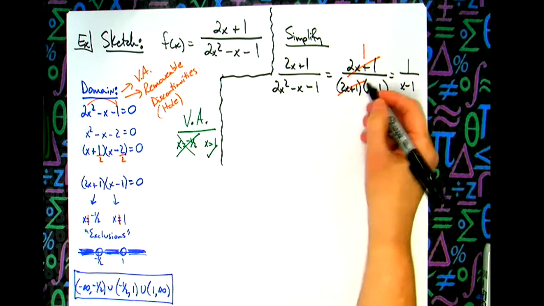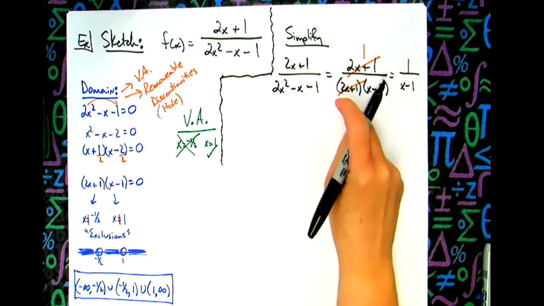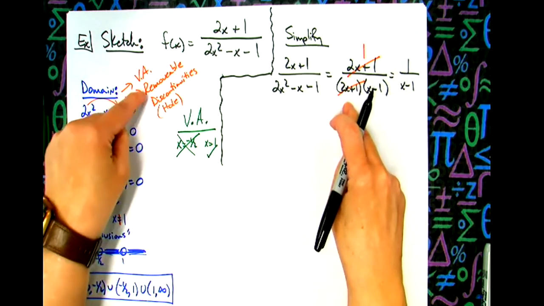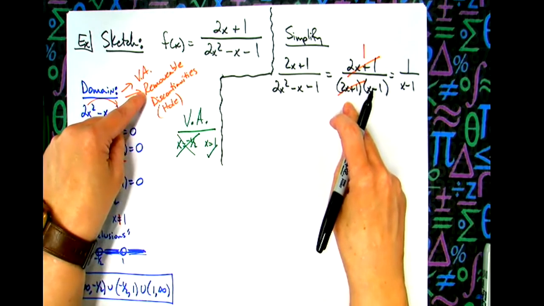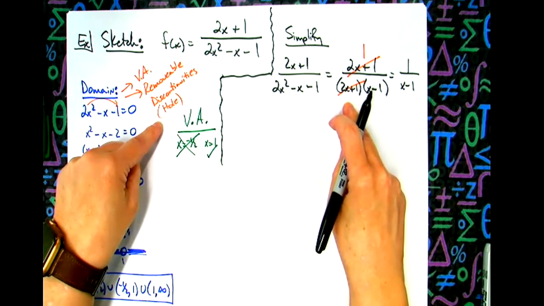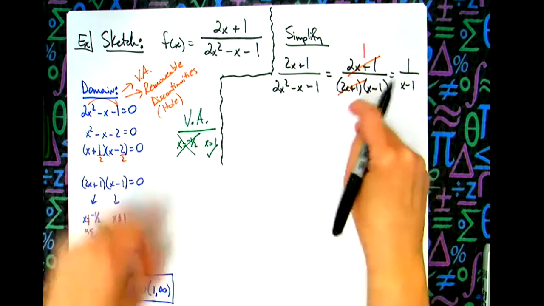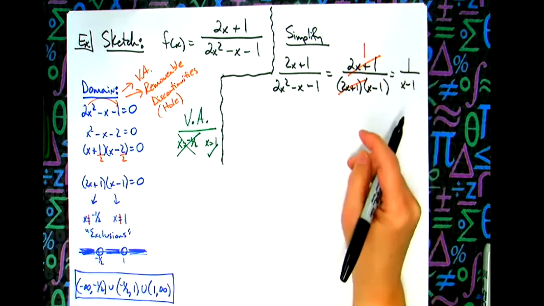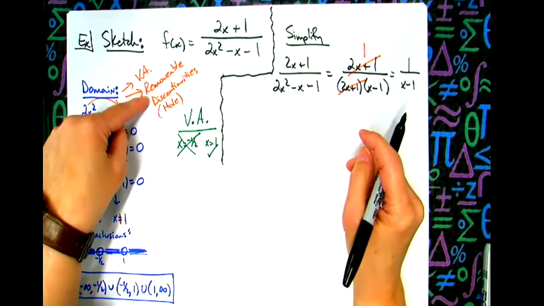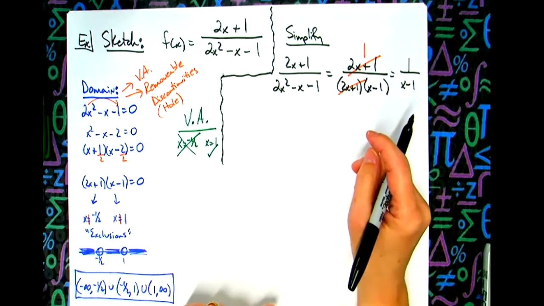That's an algebraic technique. If I cross it out, I'm removing a part of the graph and I'm creating a hole. Because aren't I removing it out of the algebra? If I remove it out of the algebra, then it's a removable discontinuity. It creates a hole in the graph.